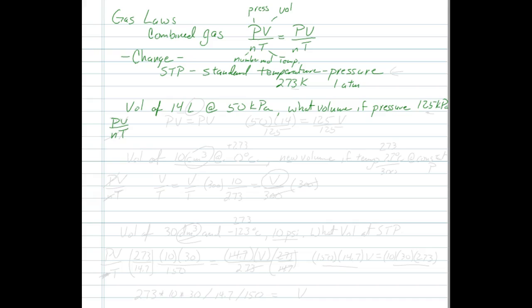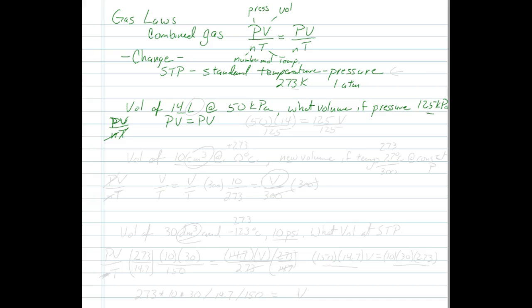You do see pressure. You do see volume. You do not see any mention of moles or grams, which you convert to, so the number of moles gets crossed off. There's no temperature, so it gets crossed off. Sometimes they'll say at constant temperature. If it's constant temperature, it doesn't change. So you end up with P1V1 equals P2V2.